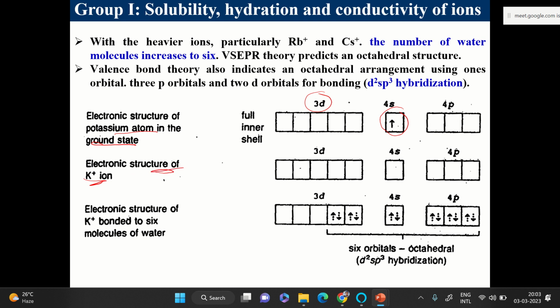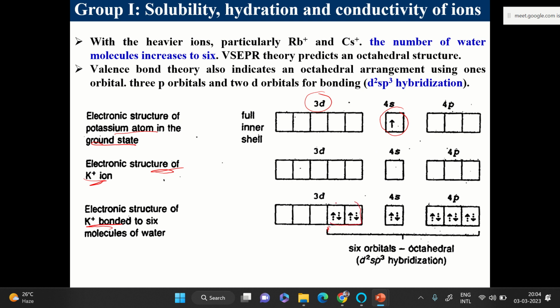Here the electron is gone, so you have potassium, and this K plus has vacant orbitals.